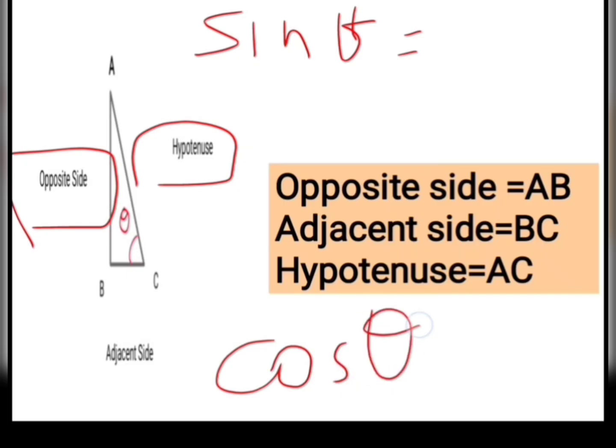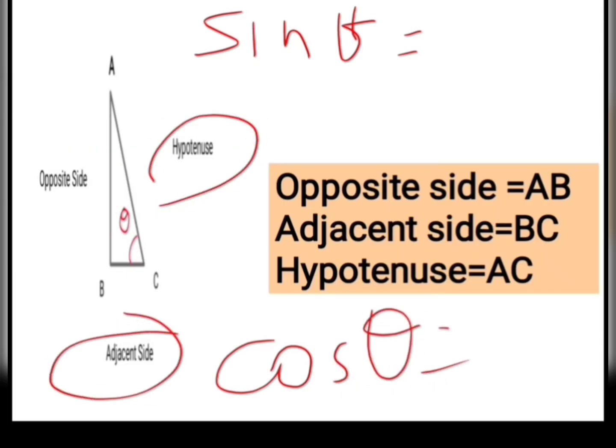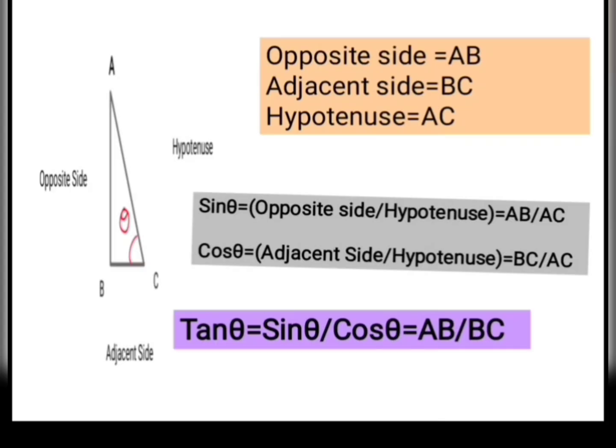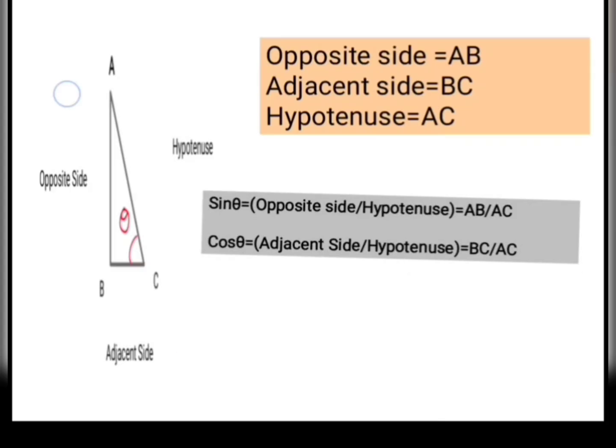For cos theta, you use adjacent side by hypotenuse. Opposite side measures AB, so I am writing AB by AC. Cos theta is adjacent side by hypotenuse. The adjacent side is BC and the hypotenuse is AC.